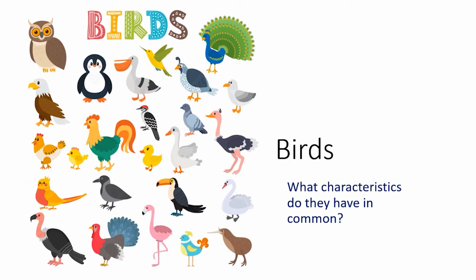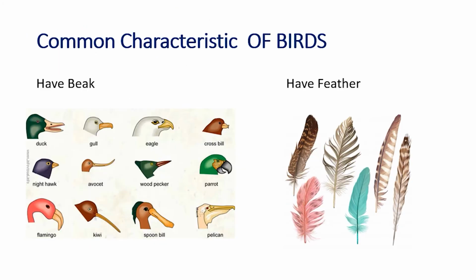Birds. What are the characteristics that they have in common? Look at these beautiful birds. Can you see what their similarities are? Kelihatan nggak teman-teman mereka tuh apa ya kesamaannya? There are 4 common characteristics of birds that I will share with you.